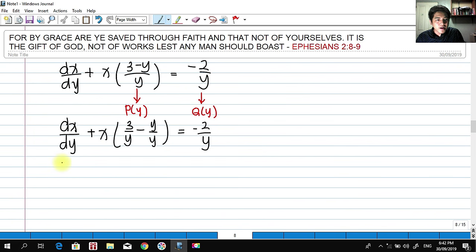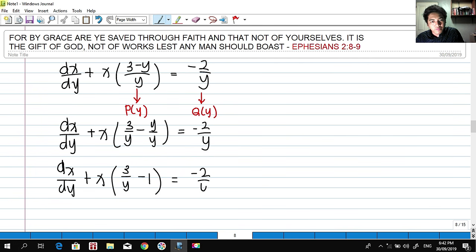So dx over dy plus x multiplied by (3 over y minus 1) is equal to negative 2 over y. I've distributed the negative here, such that this can be rewritten as this. You can see the y's will cancel, giving you 1. So this is our p of y, and this is our q of y.